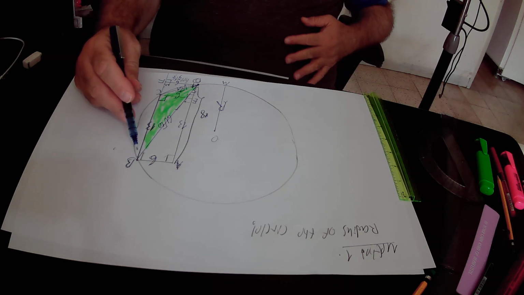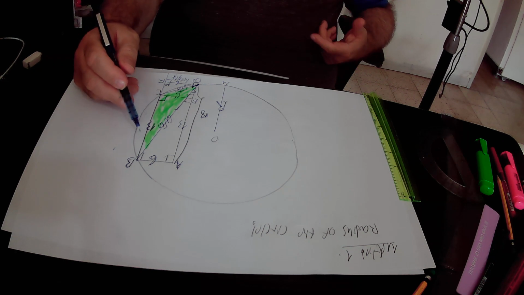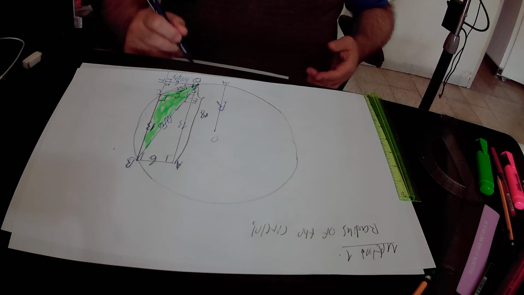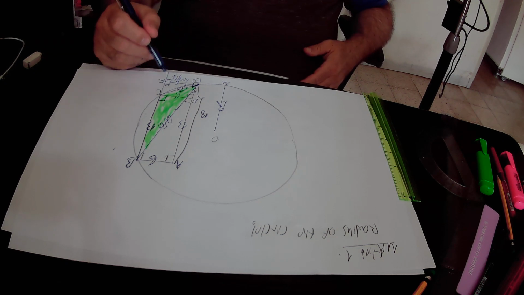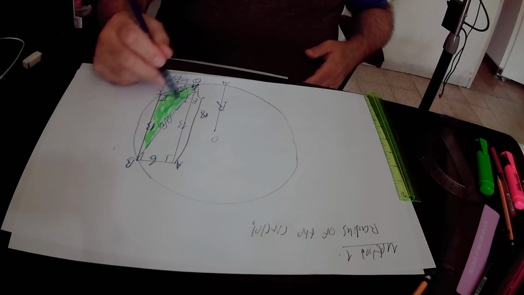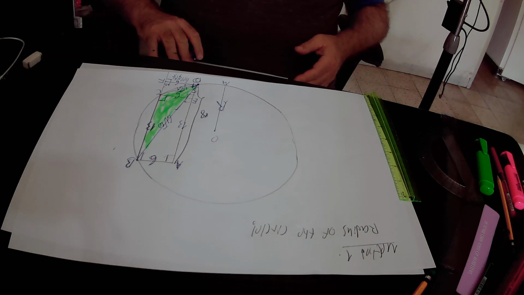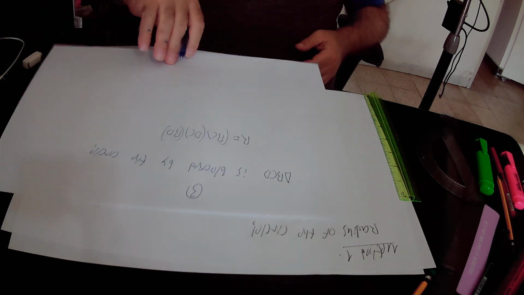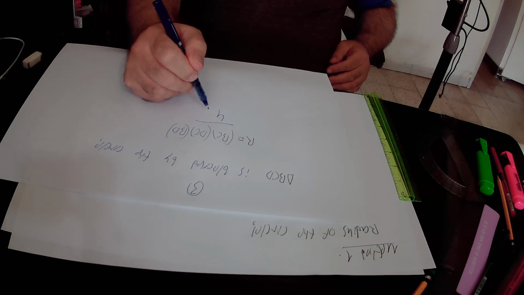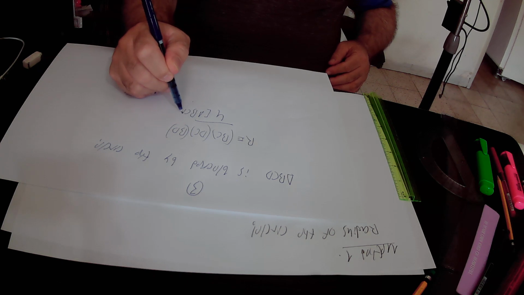The length of side BC is BC times the length of side DC, that is DC, times the length of side BD, that is BD, over 4 times the area of the green triangle, triangle BCD.